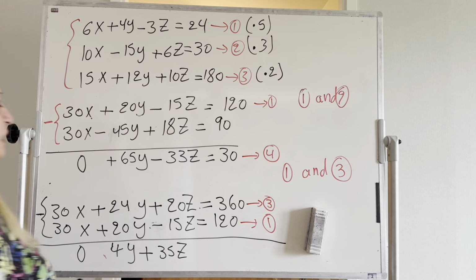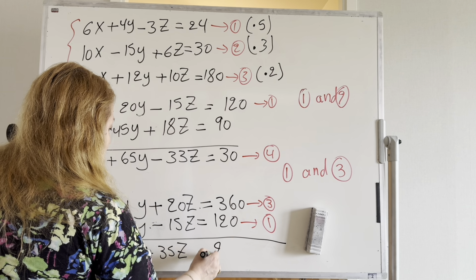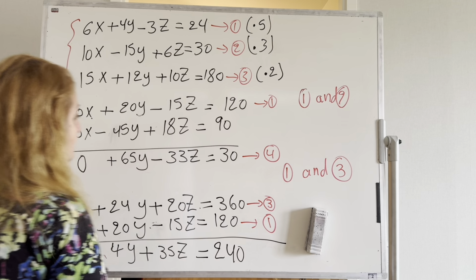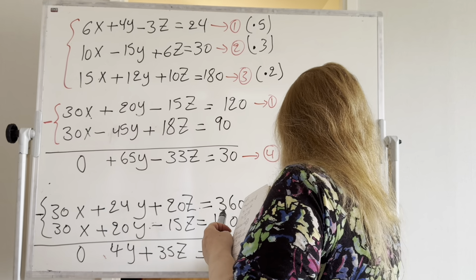And 360 minus 120, it will be 240. And this is my fifth equation.